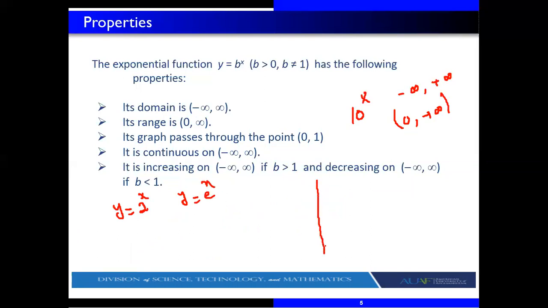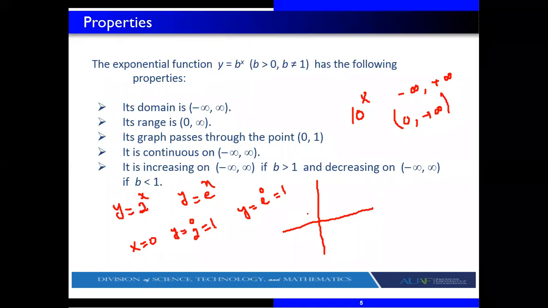If we draw the graph, when x is equal to 0, what is the value of y for the first function? 2 power 0 is equal to 1. Same, if you give x is equal to 0 to the second function, e power 0, anything power 0 is equal to 1.